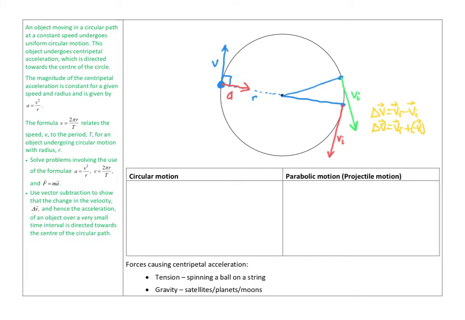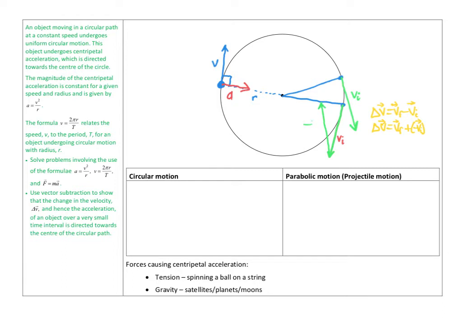So if we add minus vi, which is the same length but opposite in direction to vi, I just want to get that line parallel but in the opposite direction.